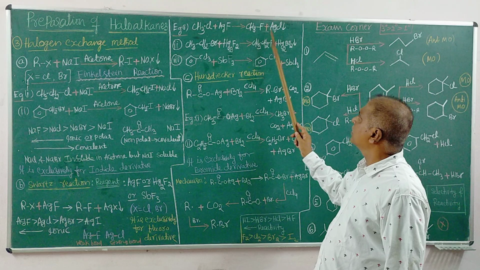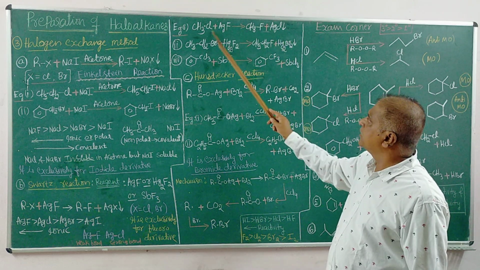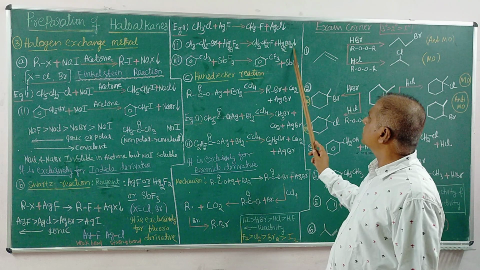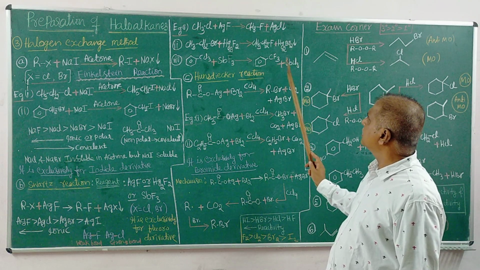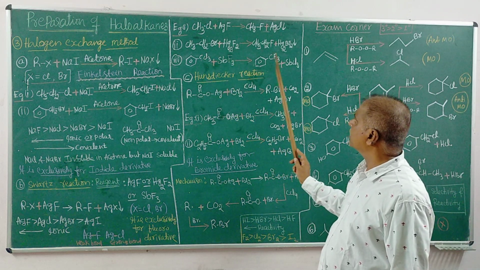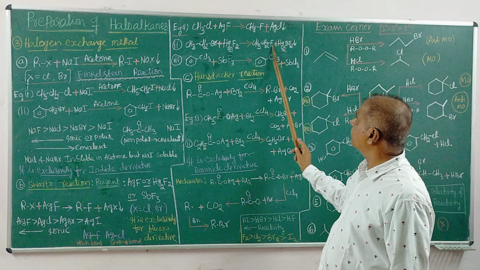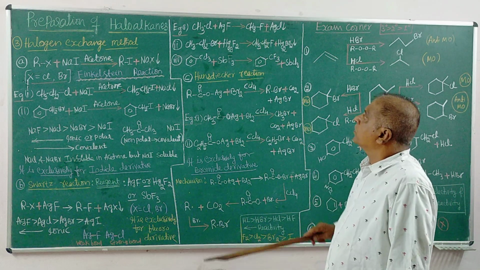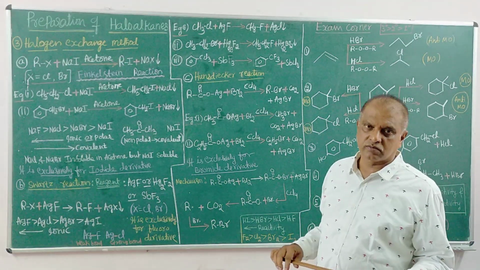Same reaction. The corresponding byproduct is AgCl. If Cl is there, and if Br, then the corresponding bromide, silver bromide, or antimony chloride. All halogen atoms are replaced by fluorine. That is the fluoro derivative. These fluoro derivatives are called freons in organic chemistry.